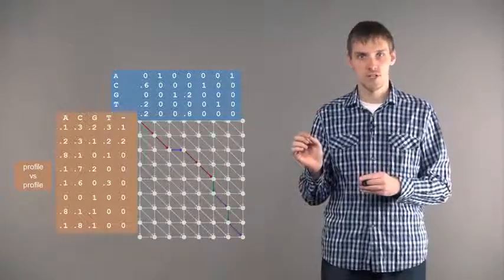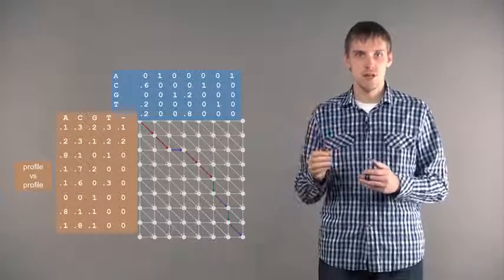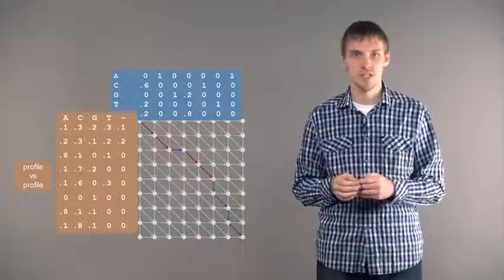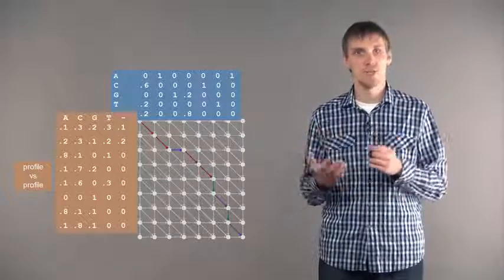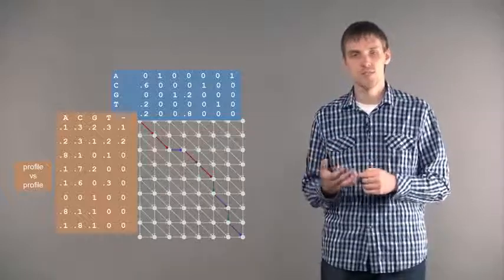But for the scoring function, you also need to consider the probabilities of having a certain letter in a certain sequence at a certain place. So how can we use this fact to find a multiple alignment?